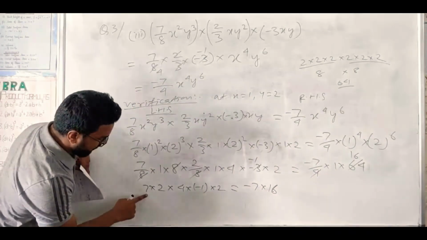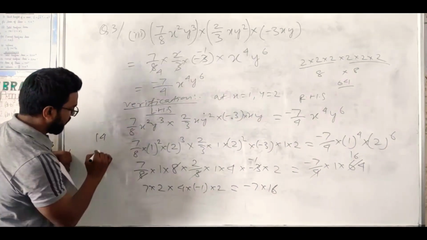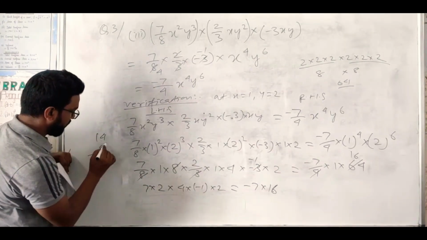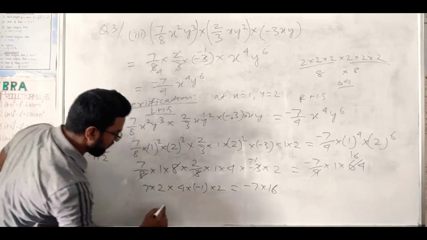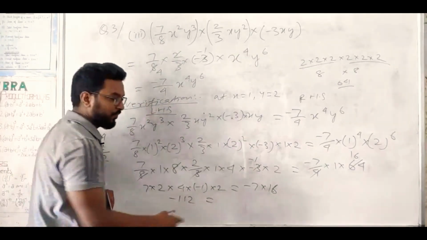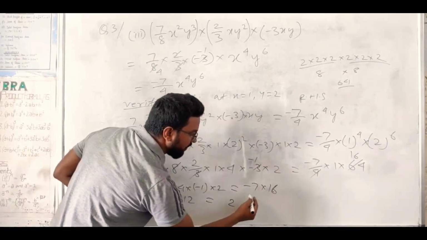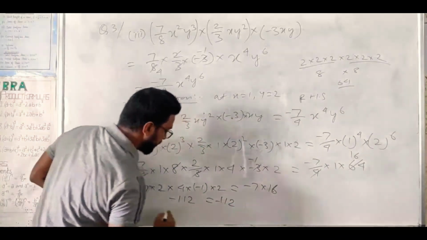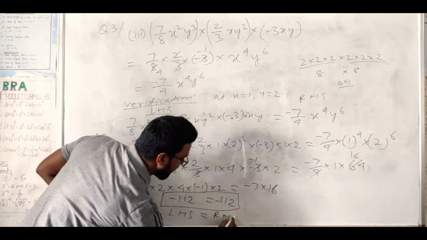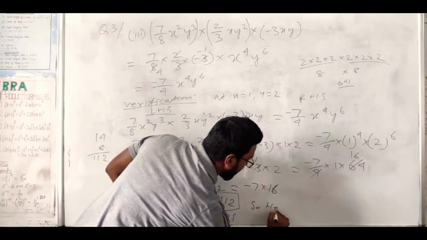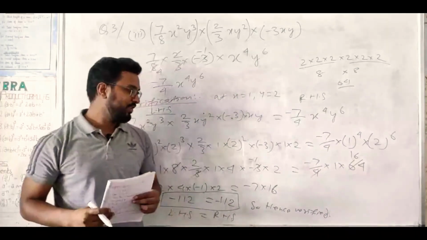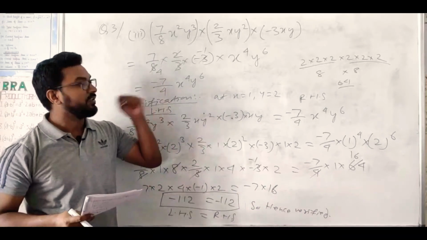Now if you multiply, 7 6s are 42, 7 and 4, 11. So here the minus sign is there, so minus 112. In the right hand side also, 7 6s are 42, 42 plus 70, 112. The sign is minus. So left hand side is equal to right hand side, so you can write hence verified. Okay, so this is how you have to verify this equation.